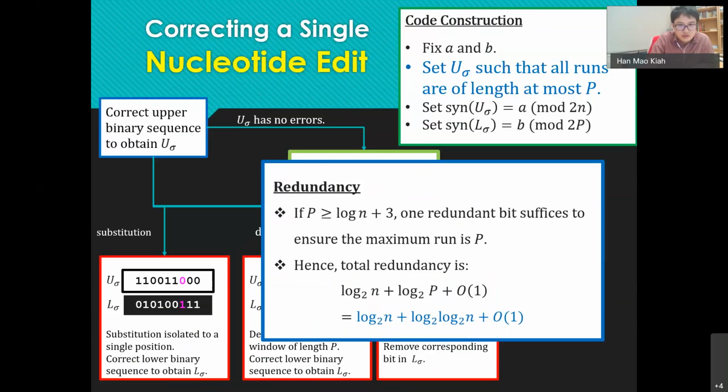Then straightforward computations tell you that the number of redundant bits is just log n plus log n, with p being log n. So by doing this simple trick, we are able to correct a single nucleotide edit using only log n redundant bits.